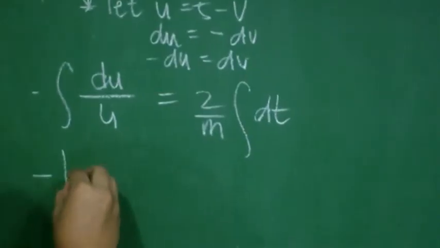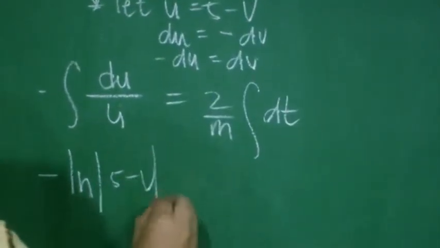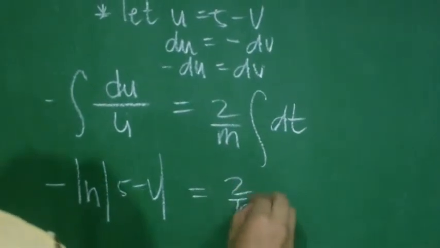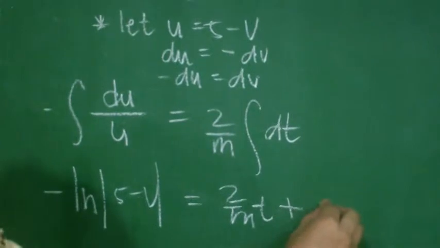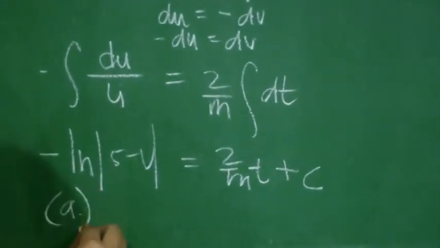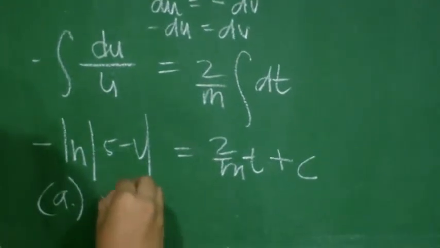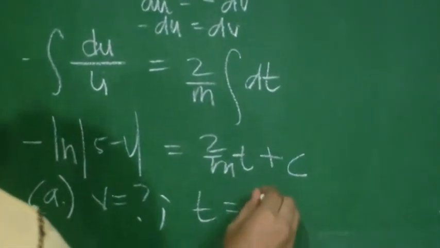So we have negative ln of u, which is equals to 5 minus v, is equals to 2 over m times t plus c.